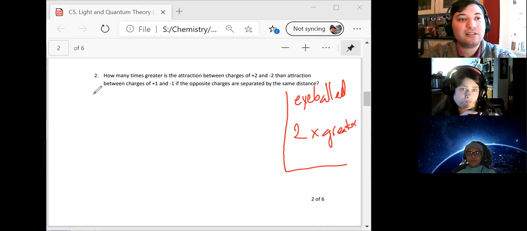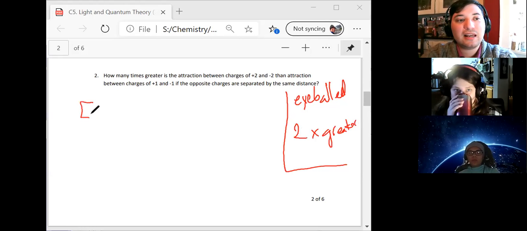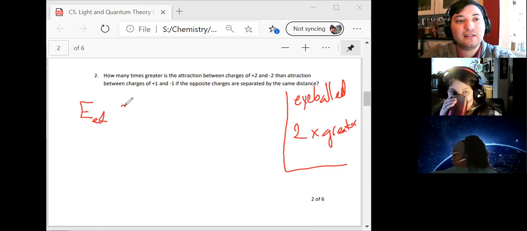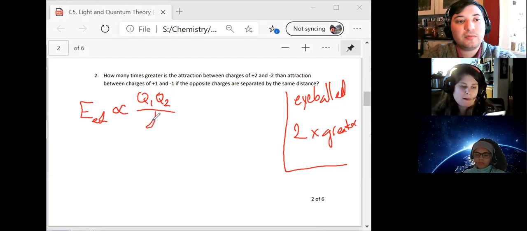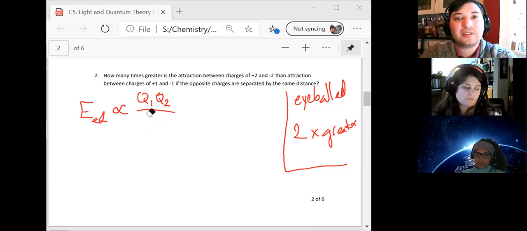All right, let's check. So we're using that electrostatic equation. This is one of the most useful equations that you will use in general chemistry.